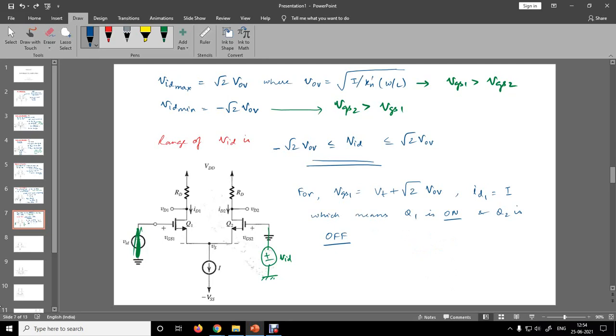The other condition is if VGS2 is Vt plus square root of 2 into VOV, then ID2 will be I, which means Q1 is off and Q2 is on.